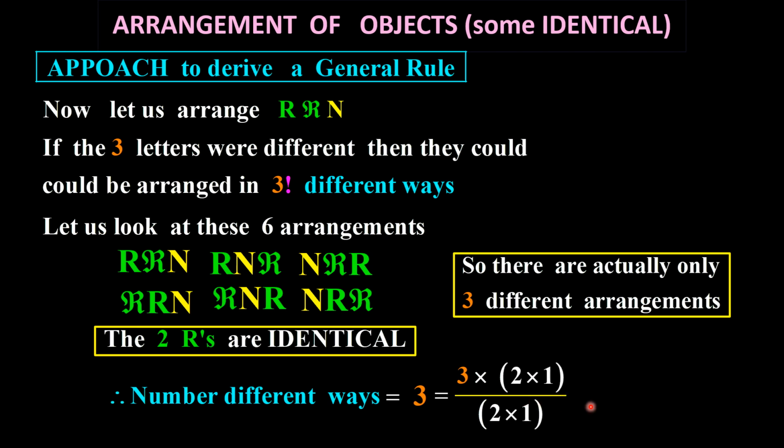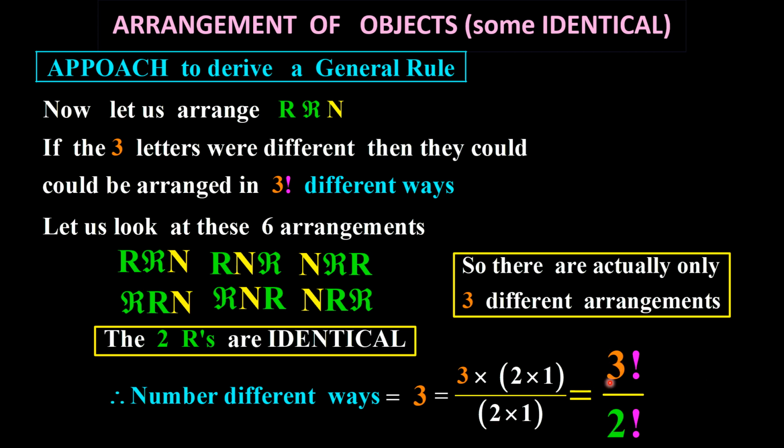Okay, but let's see what we can do with that 3. Again, the same way, using our identity of multiplying by 1. If I multiply the 3 by 2 times 1, and then I divide by it, I haven't changed it. And what do you notice about 3 times 2 times 1? There, we can have a short way of writing that. That is 3 factorial. And 2 times 1 is 2 factorial, right?